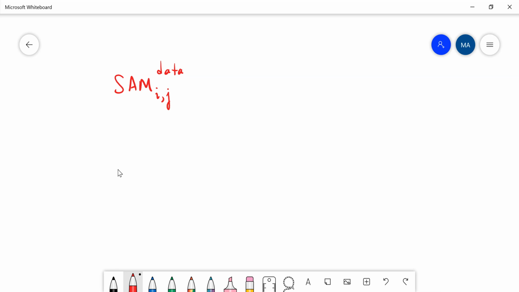In the meantime, we have the model SAM. Now, model SAM is also a matrix. Again, it's a square matrix. Once again, there are rows, there are columns, but this is the social accounting matrix originating from the model.